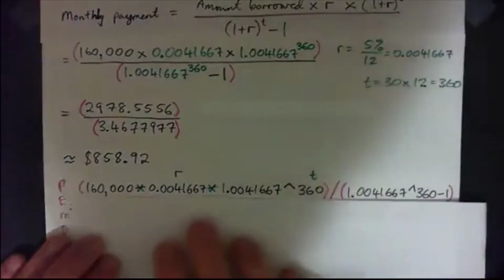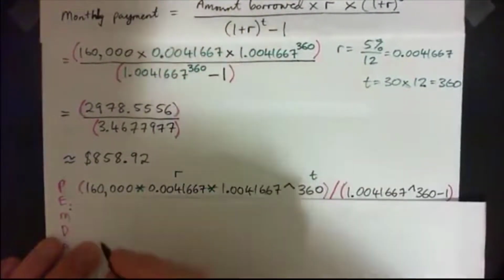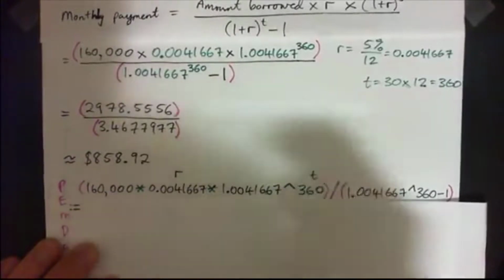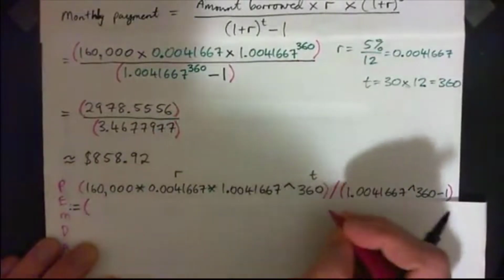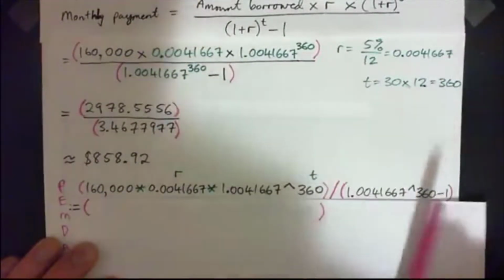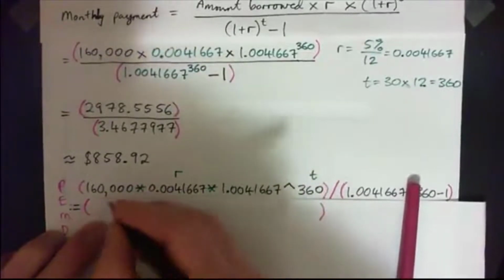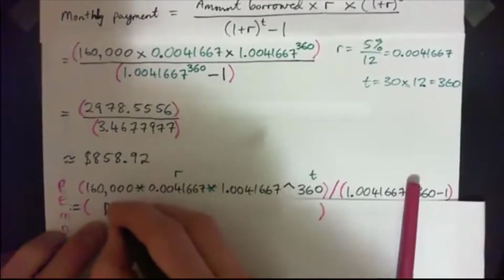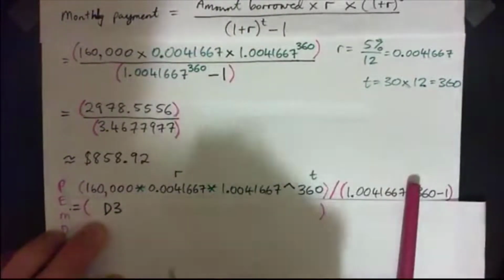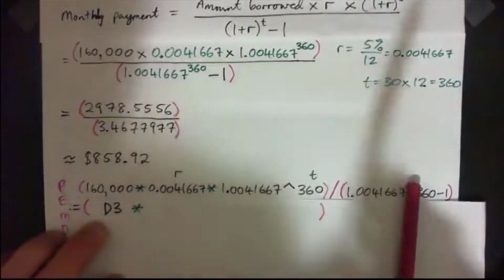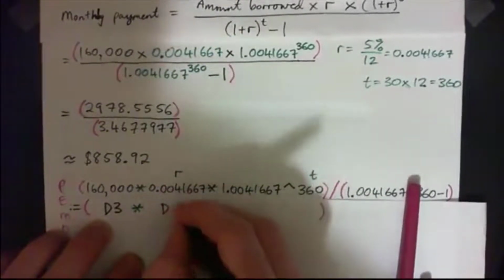Now that we know the cell numbers, we need a parenthesis around the top of the fraction. We know the loan amount was D3, right? Then we're going to times that by the rate R, which was D6, right?